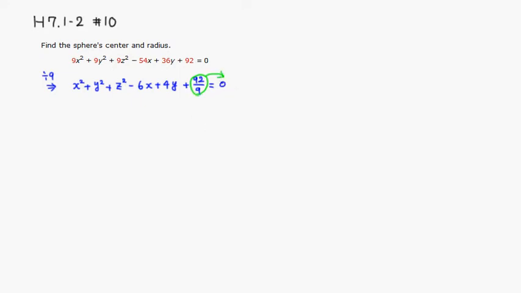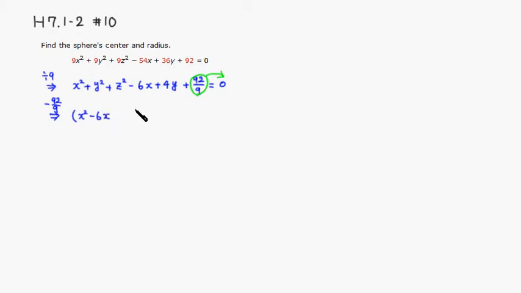So I'm going to simply subtract 92 over 9. Then all the x's together, so you have x squared minus 6x.